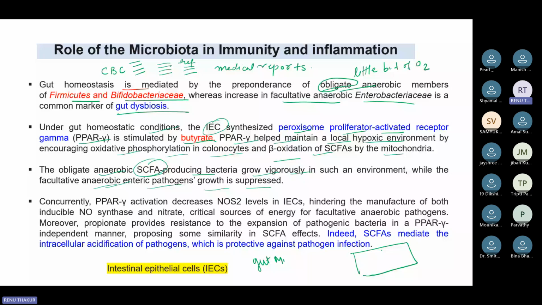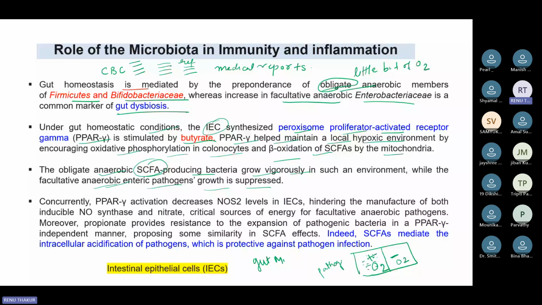Why? Because the pathogens are what? They are facultative anaerobic. It means they can also grow even if a little amount of oxygen is present in the environment. But the obligate anaerobic bacteria, you should know about these, are the good bacteria.